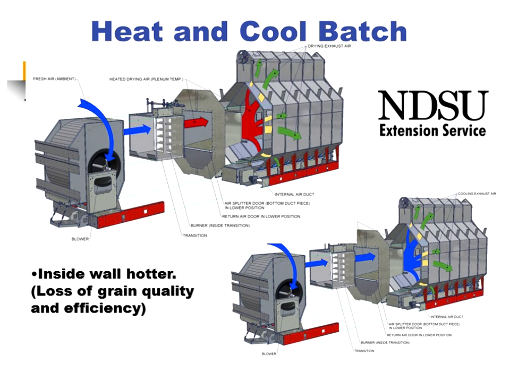And as I indicated earlier, the grain or corn on the inside of the wall is going to be at a much warmer temperature than the corn on the exterior. And we'll typically see a loss in grain quality and energy efficiency in comparison to the other types of dryers. So here we run the full dryer in heat, complete the drying, and then switch the burners off and run the cooling cycle to cool that corn down.